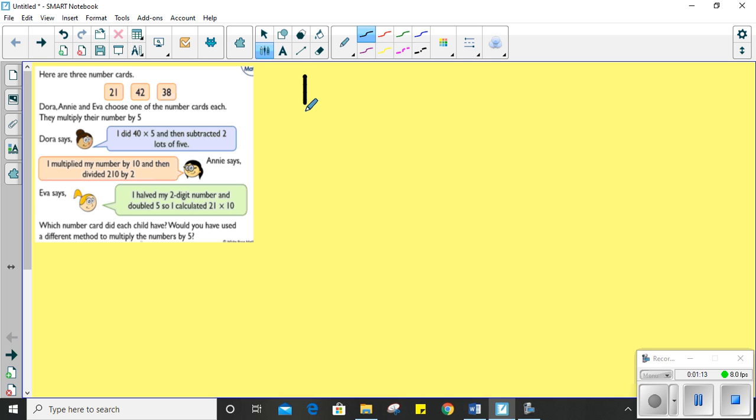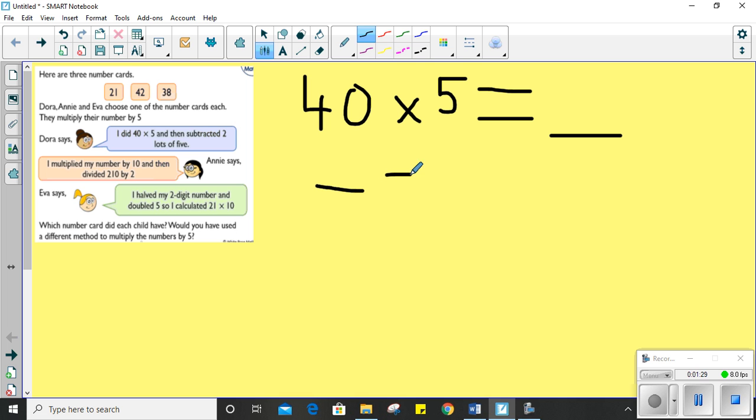Right, so she did 40 multiplied by 5 and got a number. And then she took that number and took away 2 lots of 5. So that's the same as taking 2 away from here, because if we're doing 40 lots of 5 and then take 2 lots away, so if I take 2 away from 40, I can find my missing number.